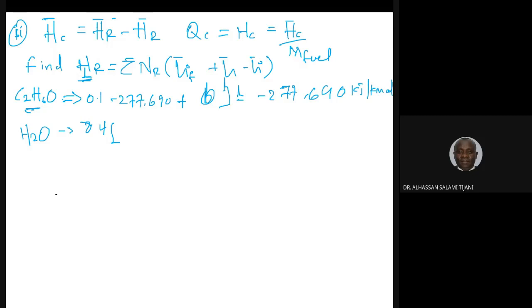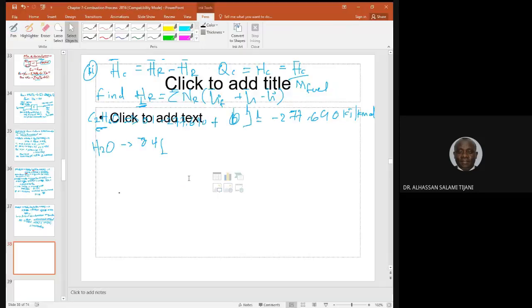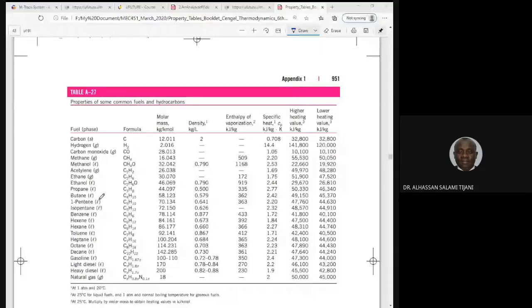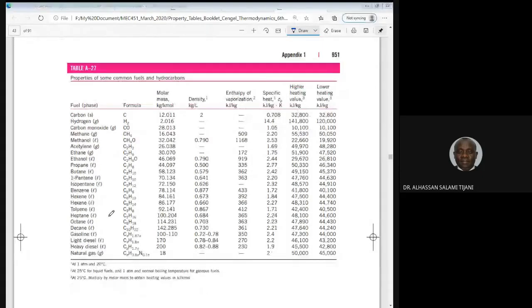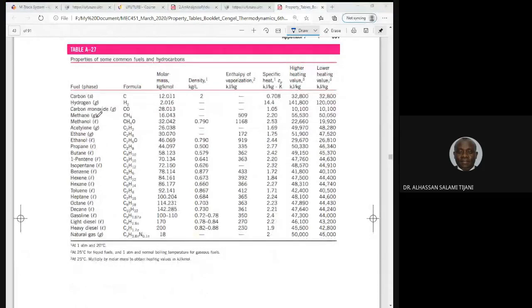Maybe I should show you that one. So here we have the enthalpy of formation for water.